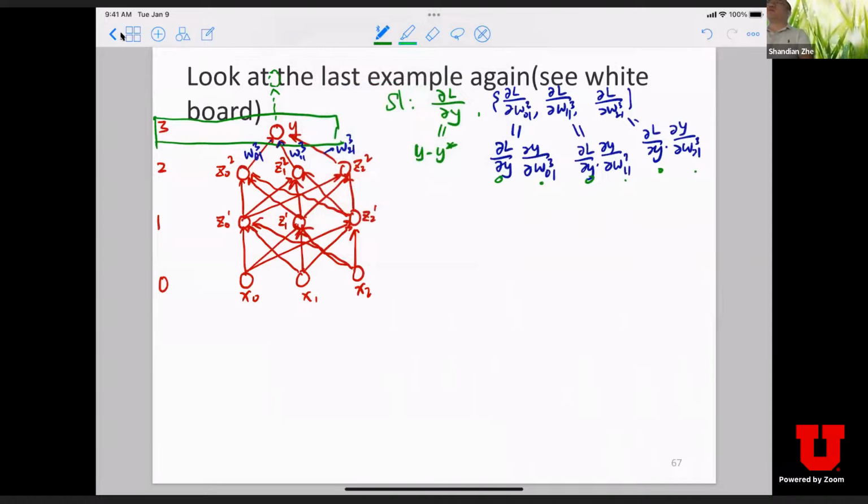And this computation is relatively easy because Y equals W013 times Z02, plus W113 times Z12, plus W213 times Z22, right? It's a linear combination. Everyone's comfortable, right? Any question?